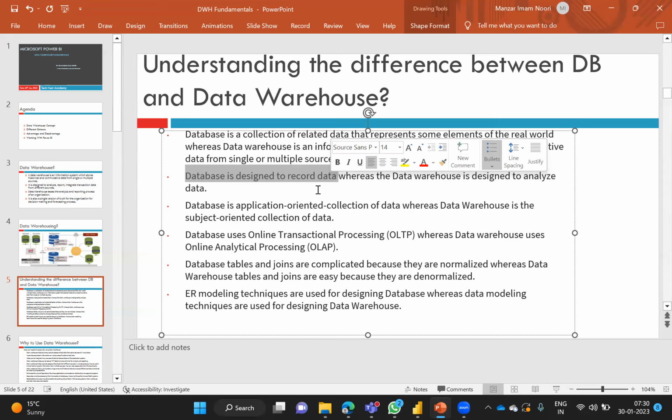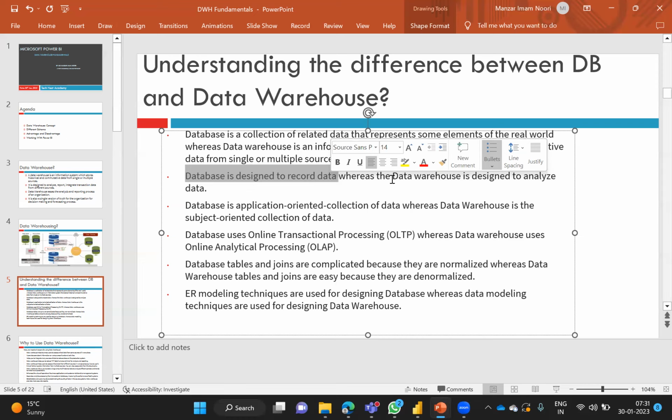You may have customer information where you are just putting the customer data, customer ID, customer name, something like that, right? You don't have everything, like the customer address ID, something like that, and it is very normalized.